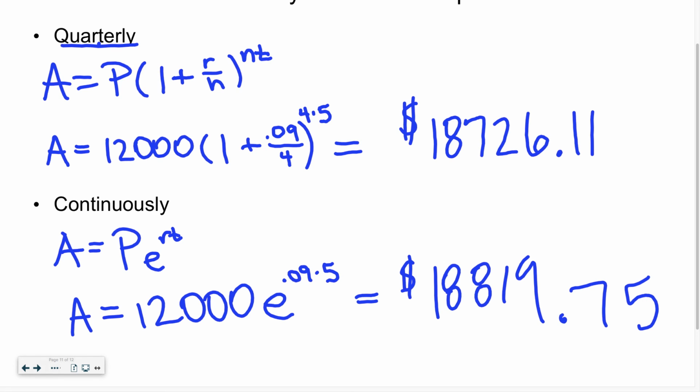Because you put in 1,200 instead of 12,000. Okay, please listen. Graphing, no calculator. Problems like your warm-up, no calculator. Compound interest, yes calculator. Have a wonderful day.